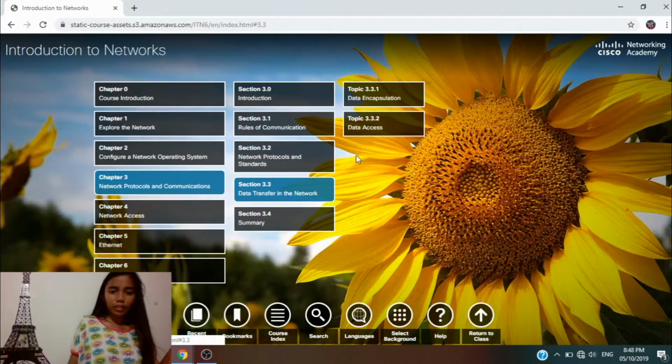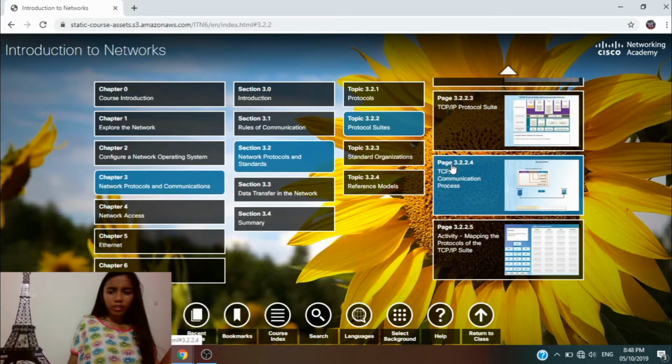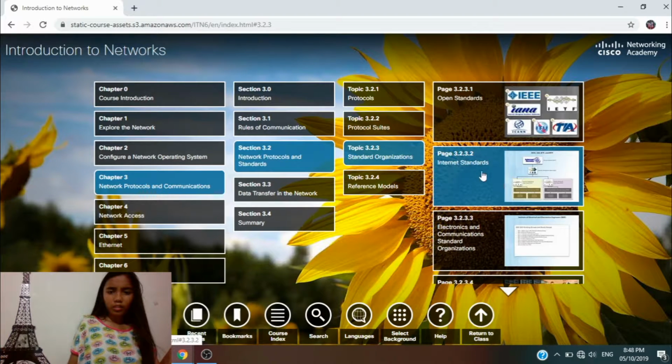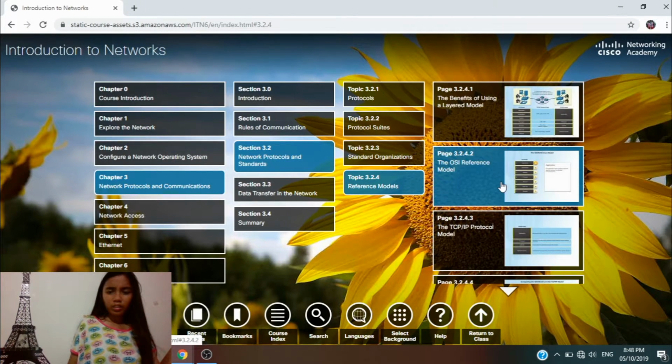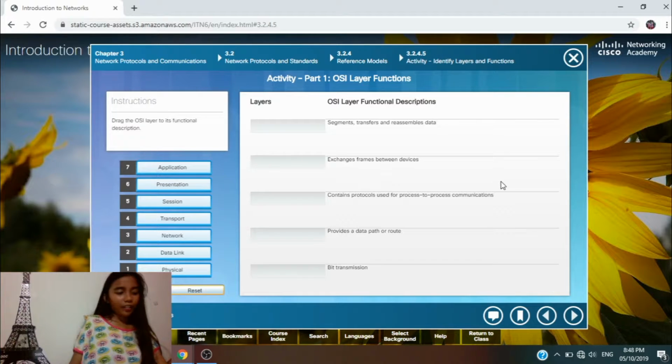We have here identifying layers and their functions.